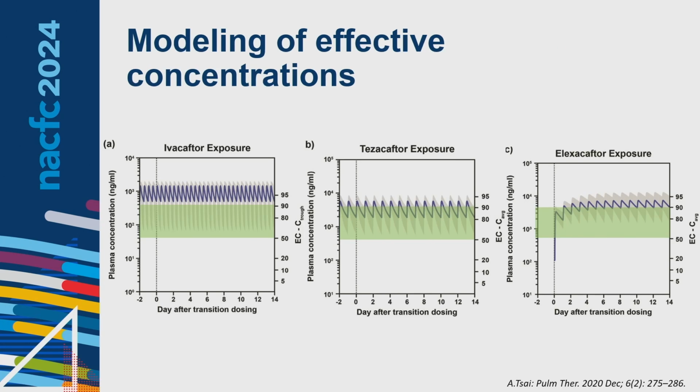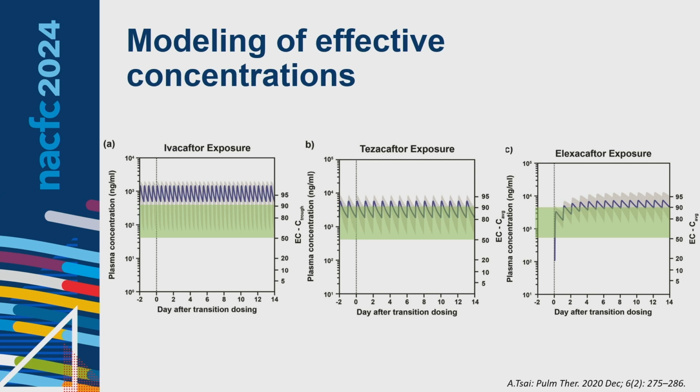Subsequent to that, Dr. Tsai and her group in 2020 published this study, which is some of the most detailed data that we have about effective concentrations. This is based on real data, and it's simulated data for transitions from one type of modulator therapy to ETI. In this particular graph, this is simulating the transition from the tezacaftor-ivacaftor combination to the triple combination.